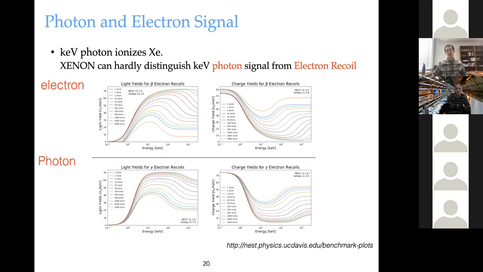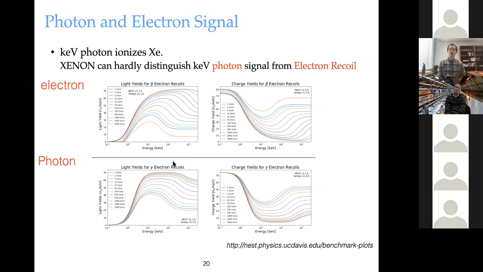They look at keV photons that can ionize the xenon, also the electron, and give you electron recoil. Let's look at just this plot and compare the right one, the downside one. It seems they have different lines, which just means a different electric field.